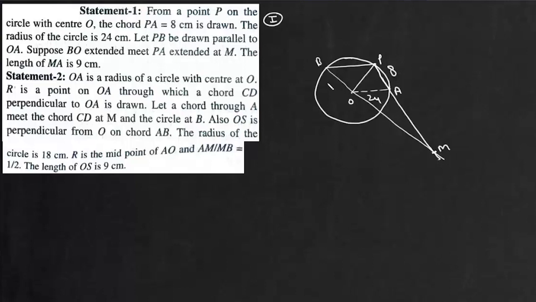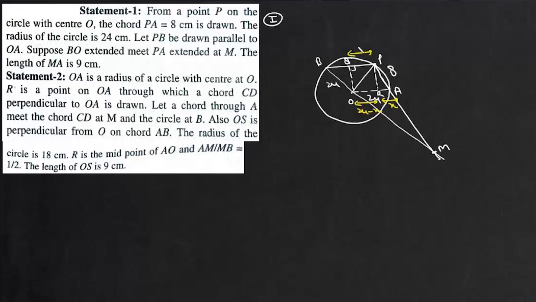Now this is 24, and if we draw perpendicular here and here and say these points are Q and R. Now suppose this AR is X, then OR is 24 minus X, and so is PQ.